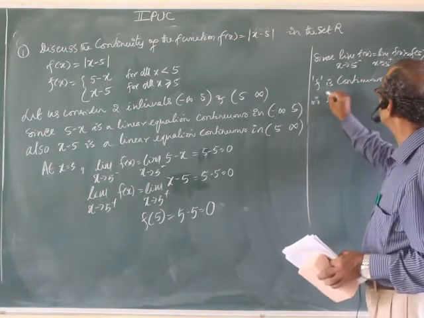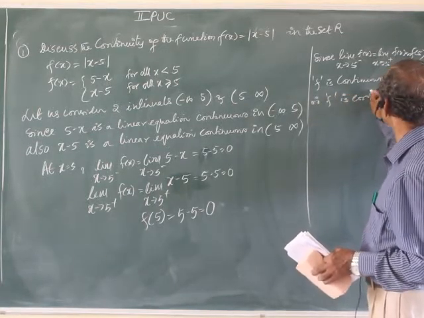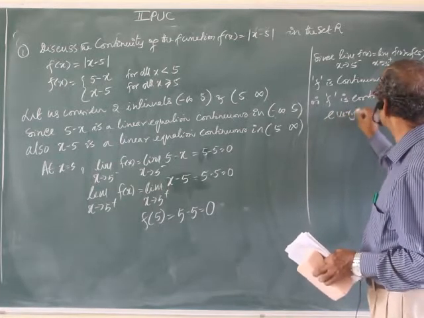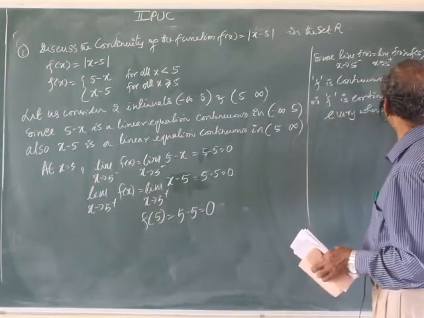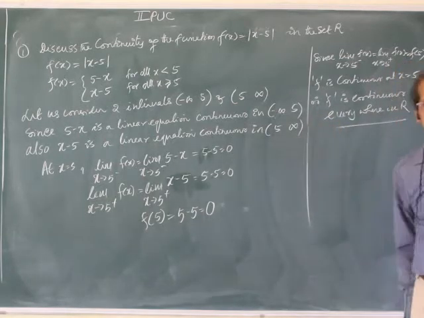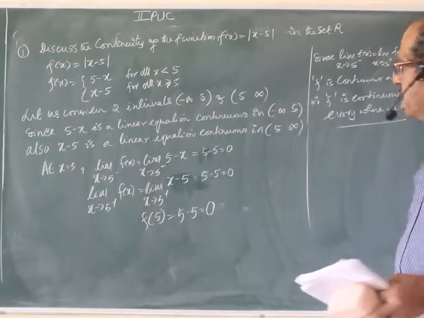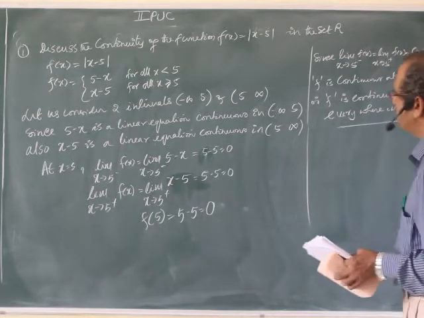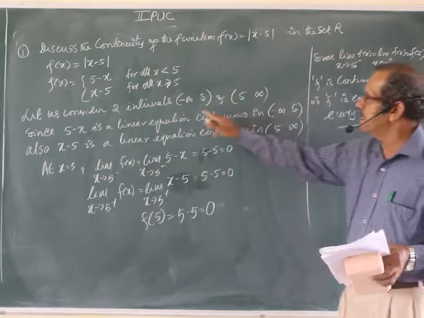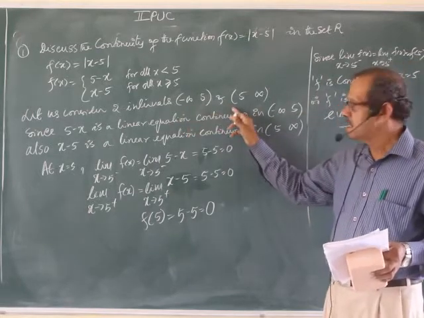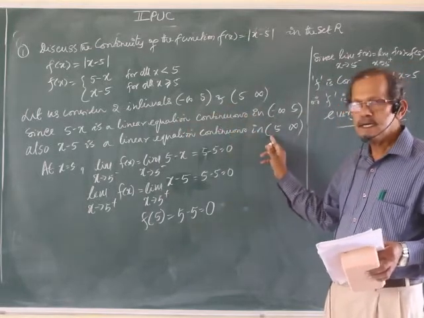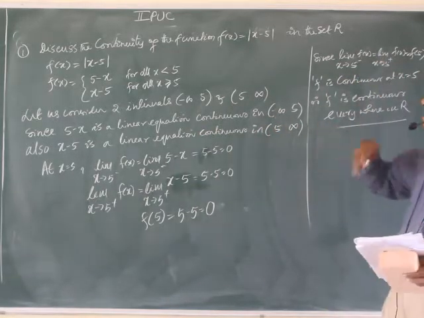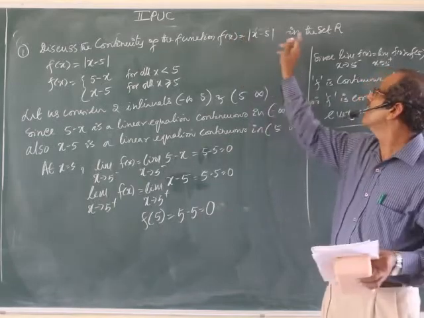Therefore, f is continuous everywhere in R. Left hand side limit, right hand side limit, value of the function at this point. Already it is continuous in the open intervals. Now at x equal to 5 also it is continuous. So no doubt the function is continuous in the entire real number set.